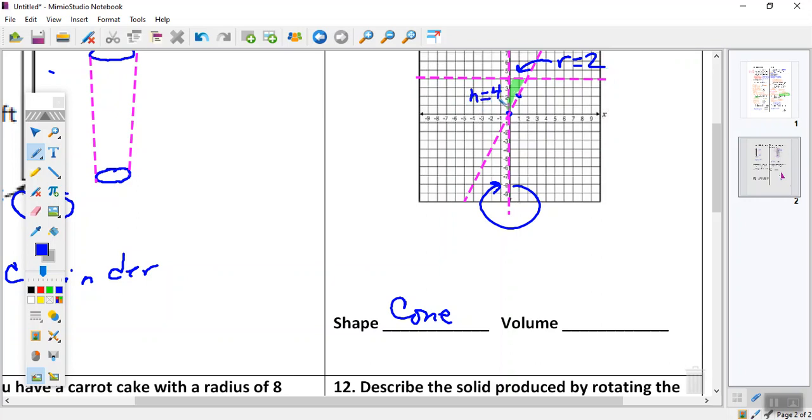Okay. Who's on the volume of a cone calculator for me right now to throw those values in? Or if you just wanted to pull the formula and plug your values in, that would work. 16.76.